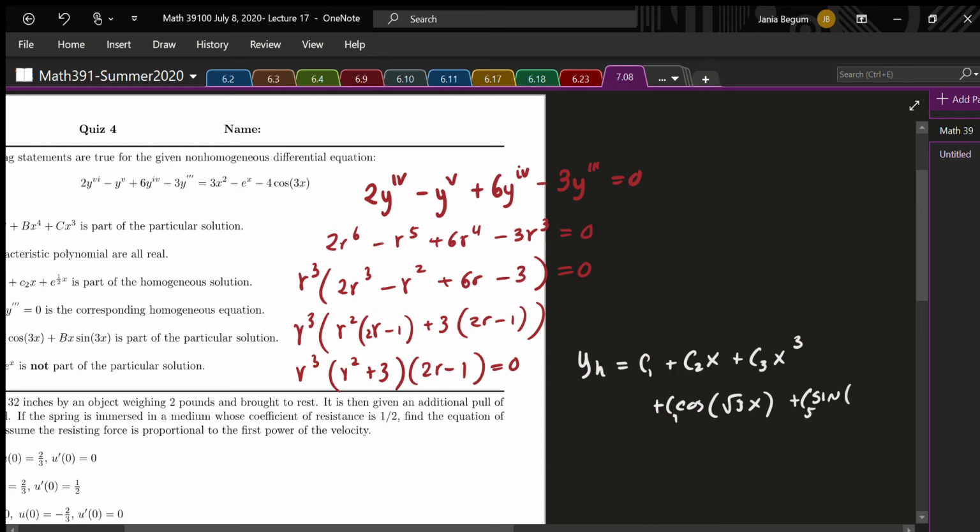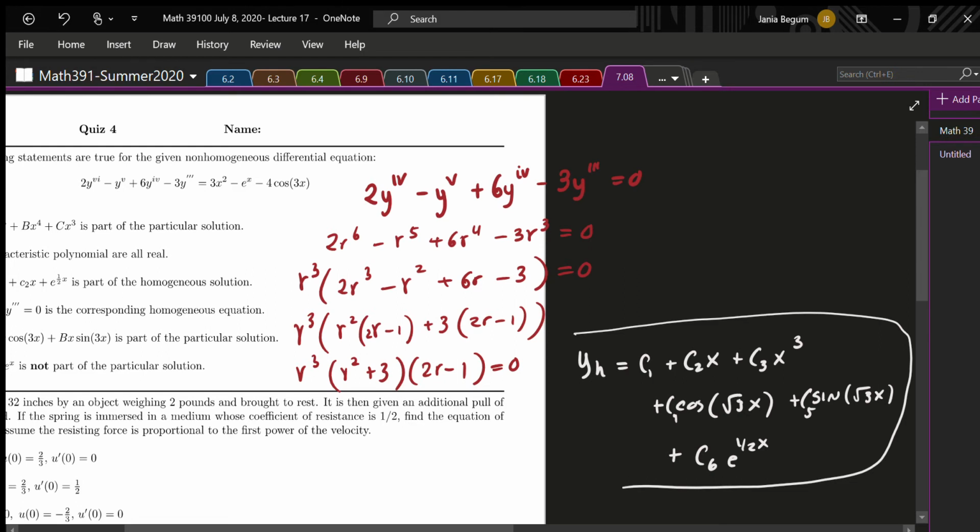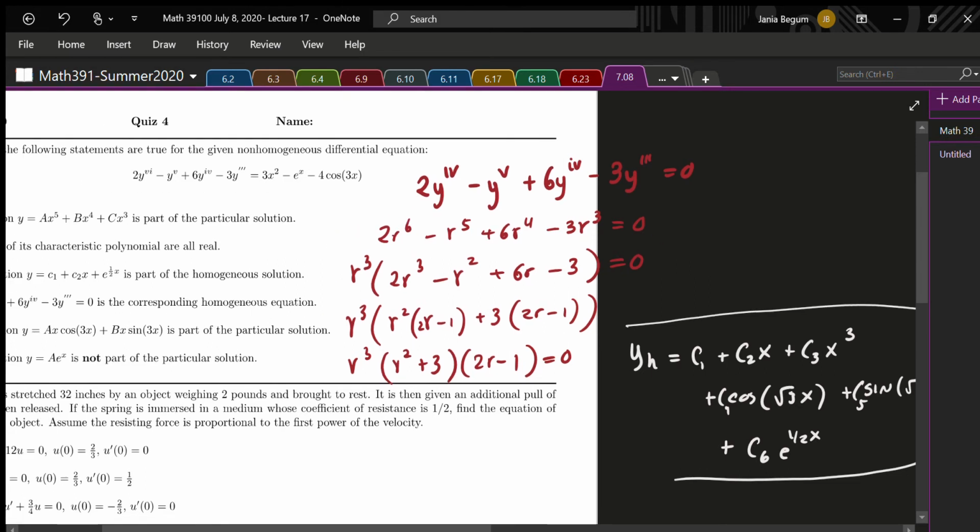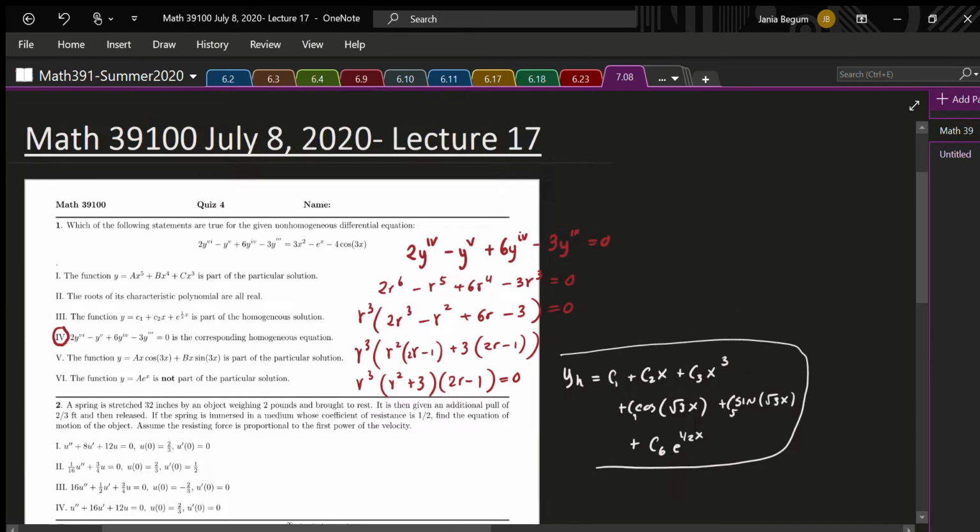Sine of square root of 3x, and the last one is a real root, so that'll be an exponential, plus c6 e to the 1/2 x. So that's how the homogeneous solution looks like. So based on that observation, is the first choice a solution?